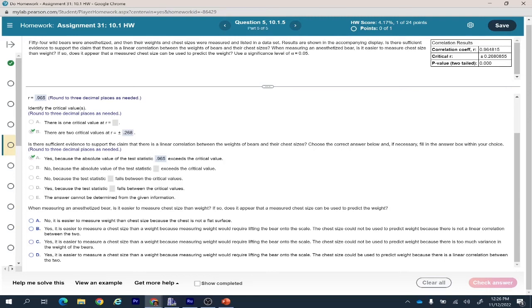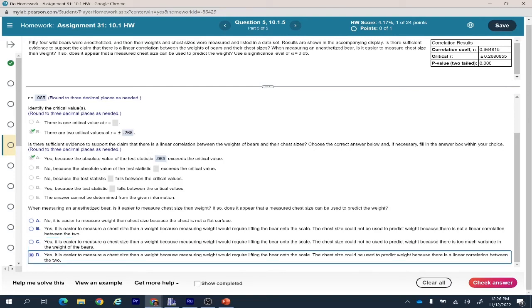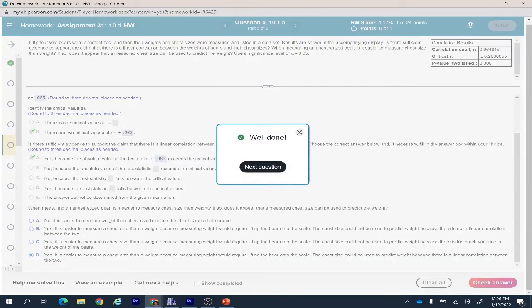We see that there is a strong correlation between the chest size and the weight. So we can use that correlation to predict the weight. Yes, chest size could be used to predict the weight because there is a linear correlation. So that's our final answer.